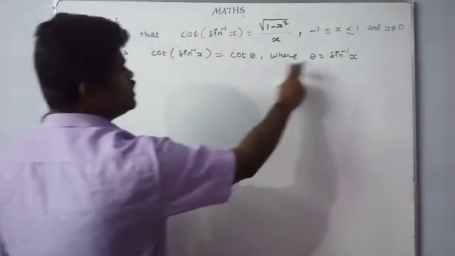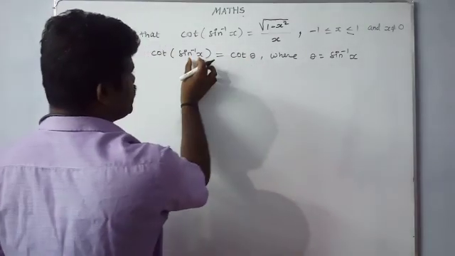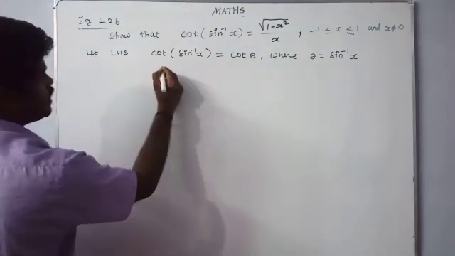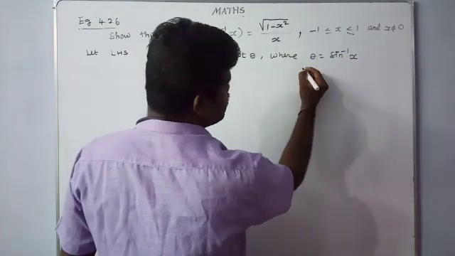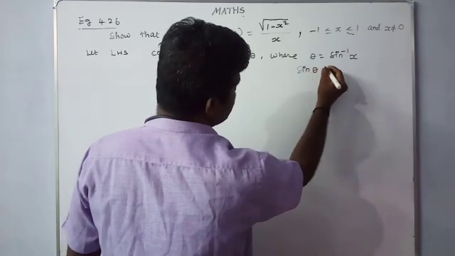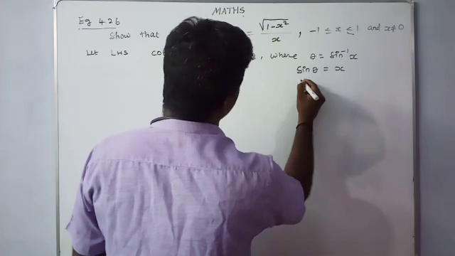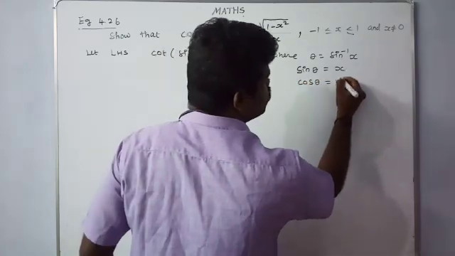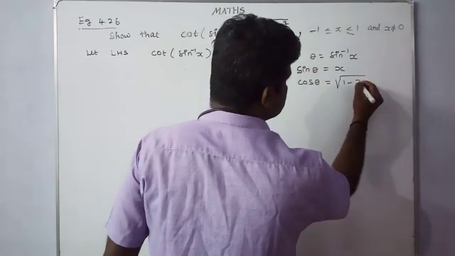Because we replace sin inverse x by theta, sin theta equals x, and we want to find the value of cos theta. Cos theta is the root of 1 minus sin square theta. The value of sin square theta is x square.